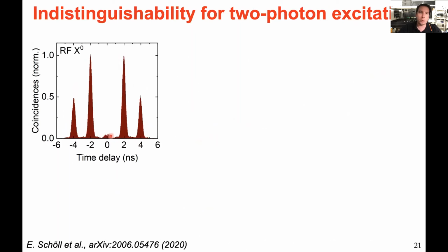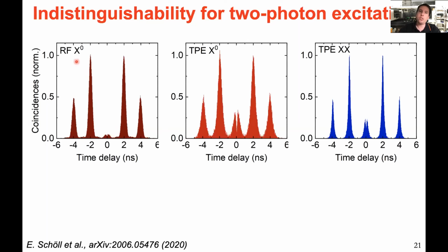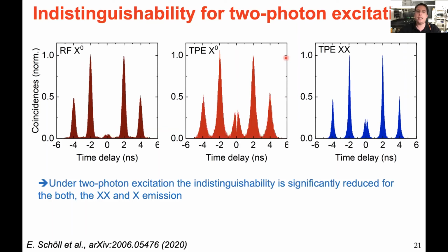And from the suppression of the center peak in this 5-peak pattern, you can extract the indistinguishability, which for resonance fluorescence looks pretty good. However, when we now perform a two-photon excitation of the biexciton and frequency filter the emission on either the exciton or the biexciton, we find that the indistinguishability is significantly reduced, and it does not matter which one you filter on.